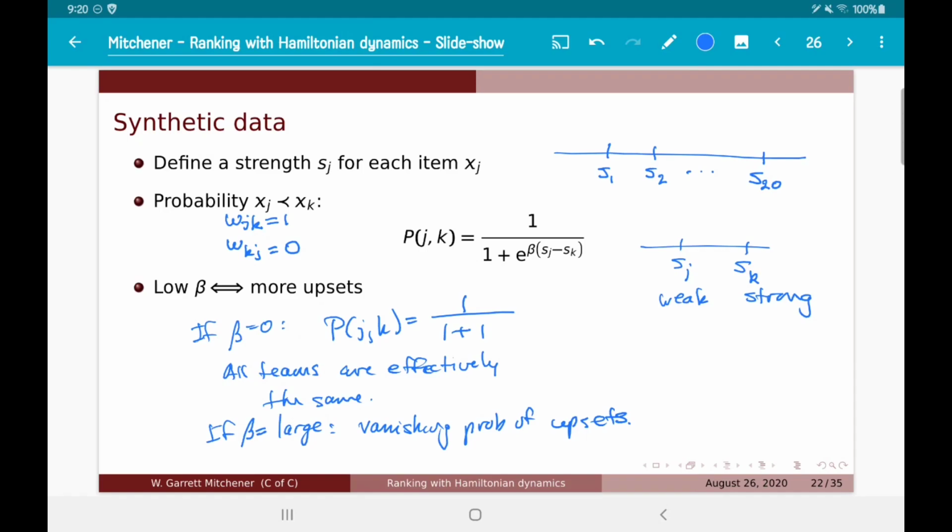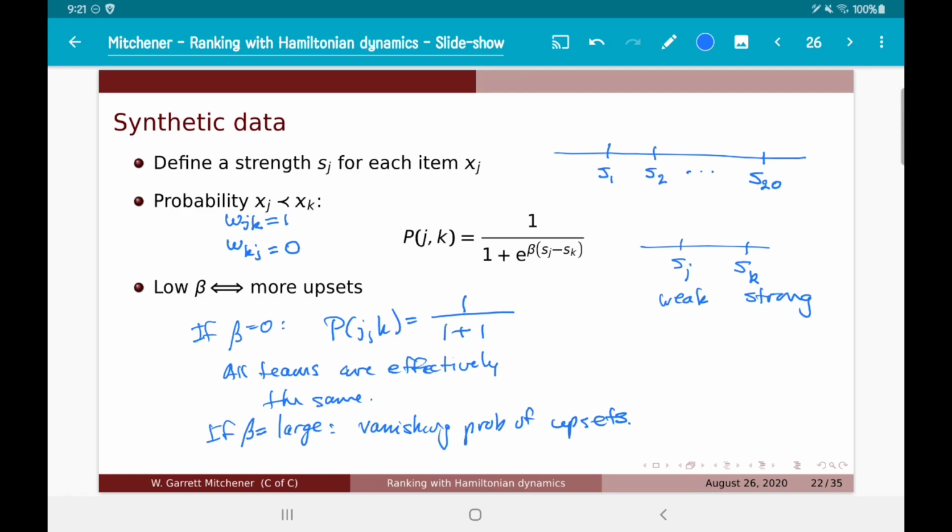The advantage to using synthetic data is that I have ground truth, and I can look at the result of a ranking algorithm and see how far it deviates from the actual ground truth. Some of that will be due to limitations of the algorithm, and some of it will be due to noise in a particular sample.